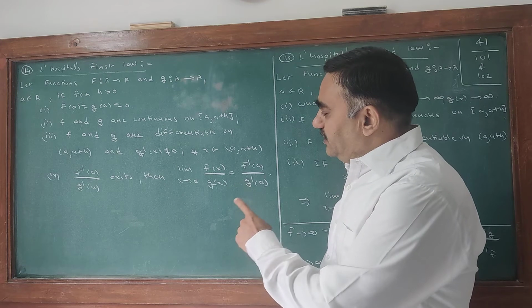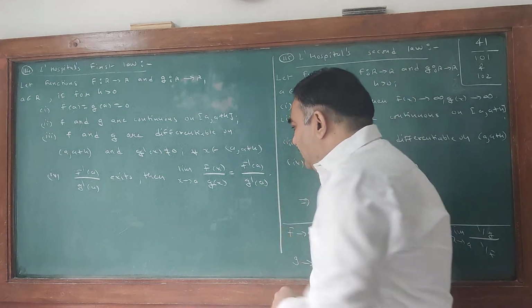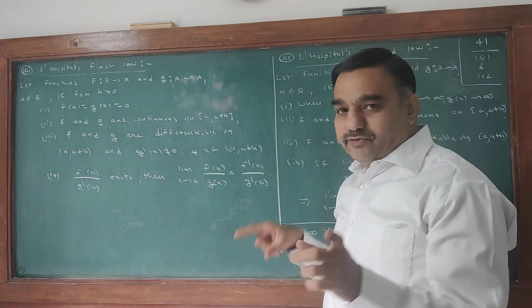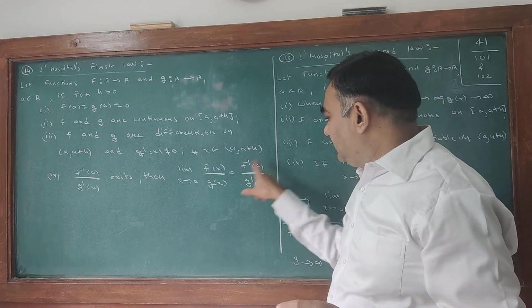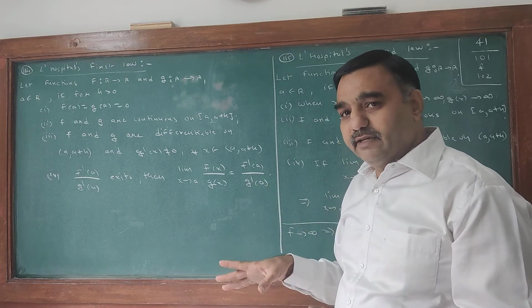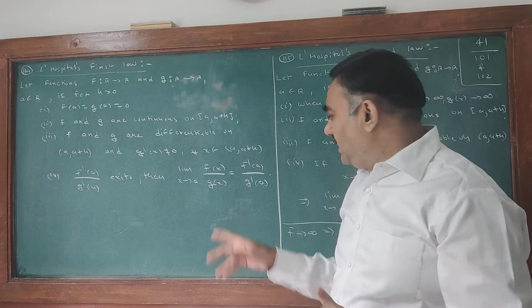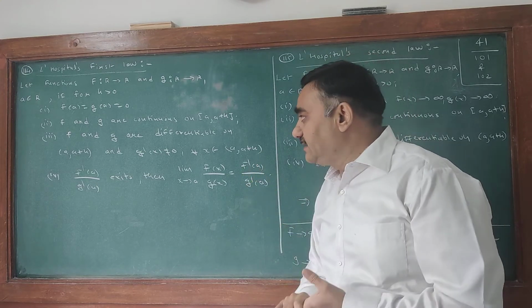And f'(a) upon g'(a) exists, then the limits are equal. Now what we are doing here is differentiating this and differentiating this. We differentiate the numerator as well as the denominator separately and we put x equal to a, and we get f'(a) upon g'(a).